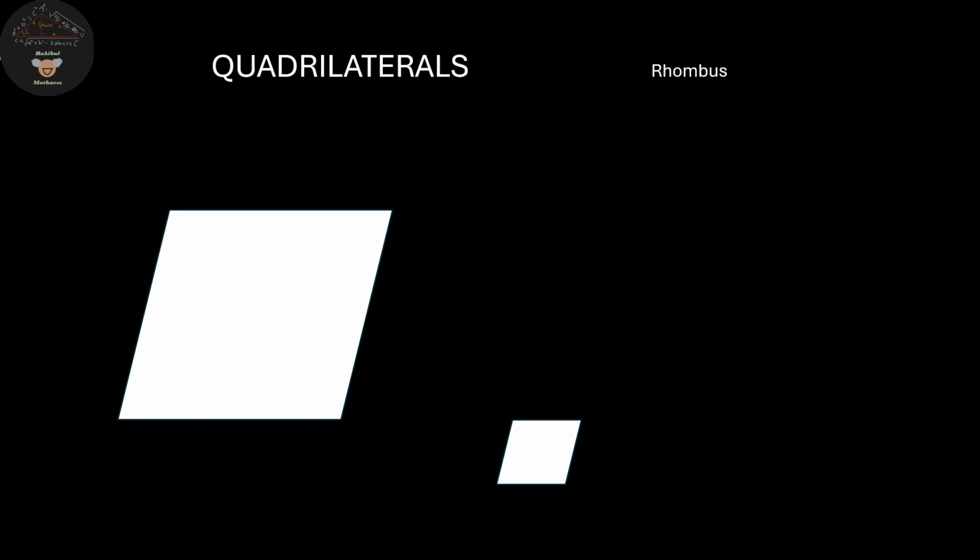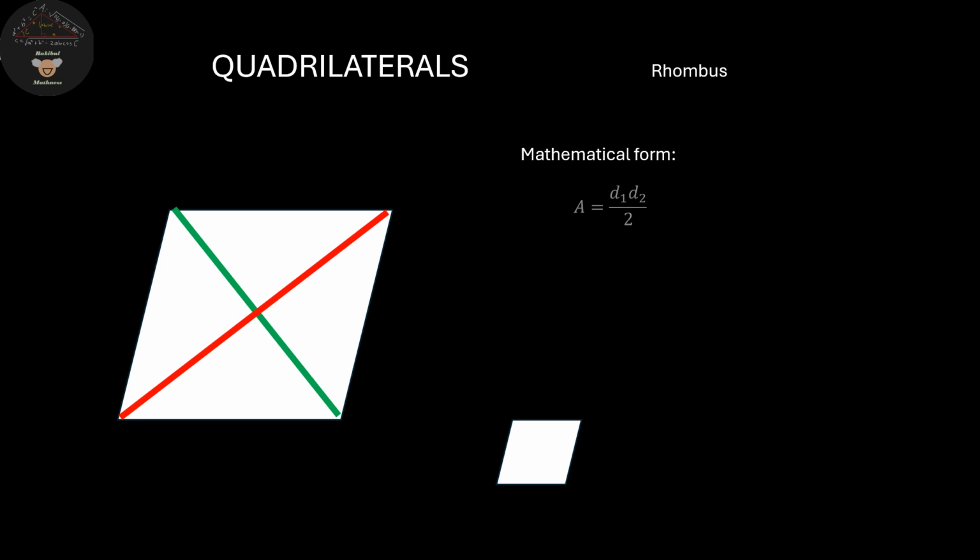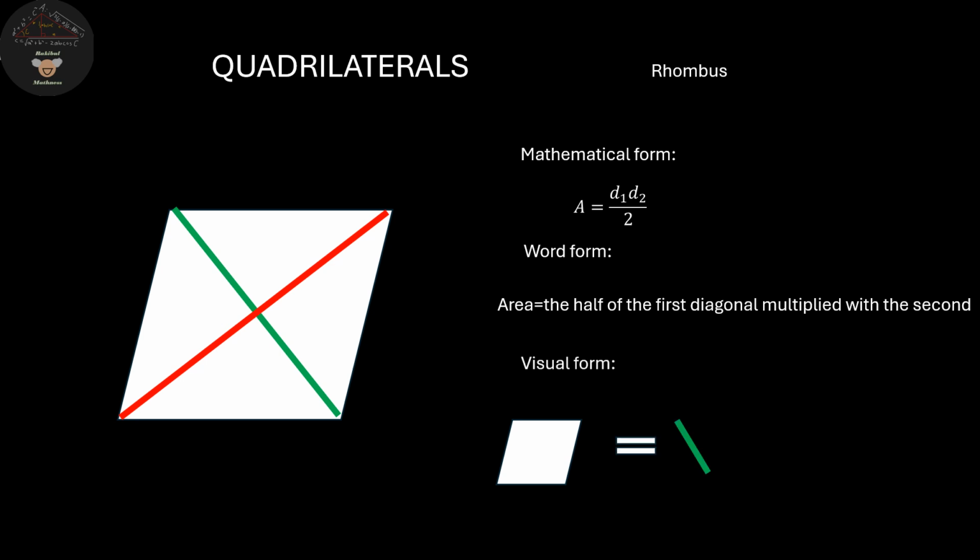Now a rhombus has two formulas. The first formula is a bit more complicated. A equals diagonal 1 times diagonal 2 over 2. The half of the first diagonal times the second diagonal.